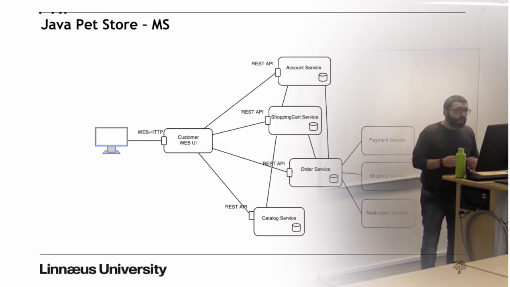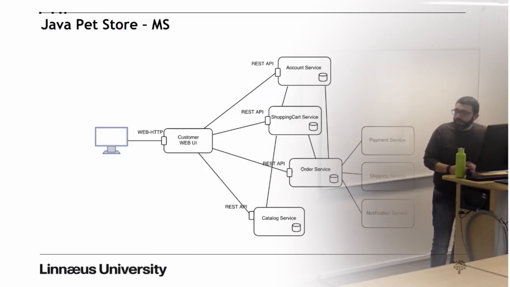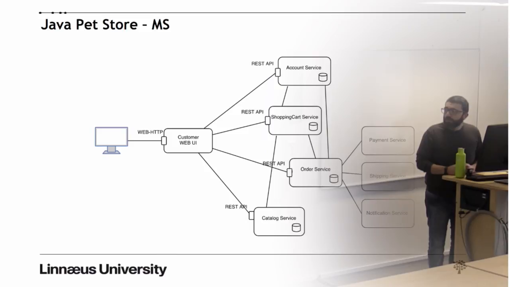Then we can create many different replicas of the same microservice, only the microservice that we need. We don't need to replicate the entire application, but only the specific functionality that we need to scale at a given moment in time.